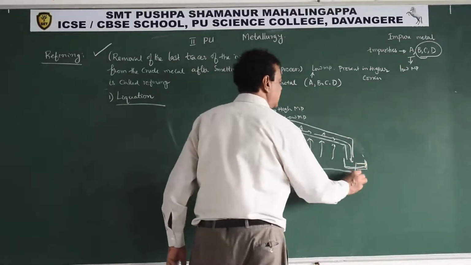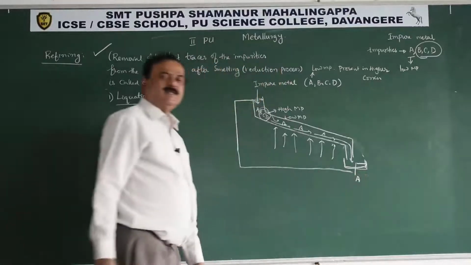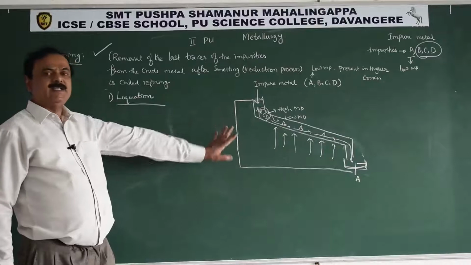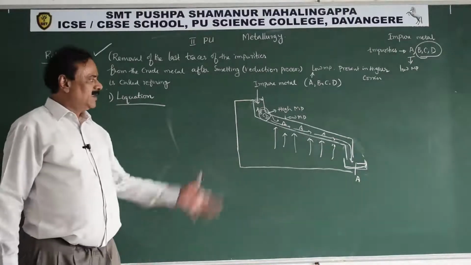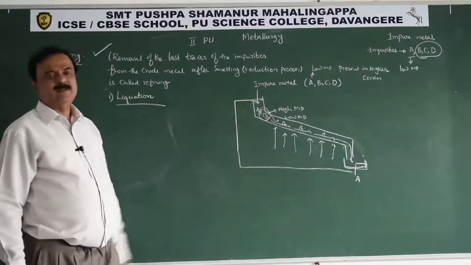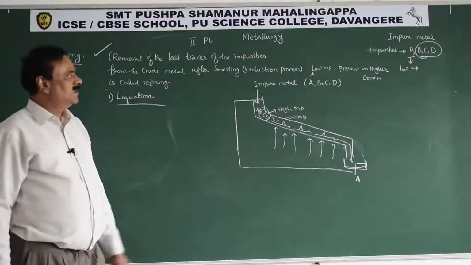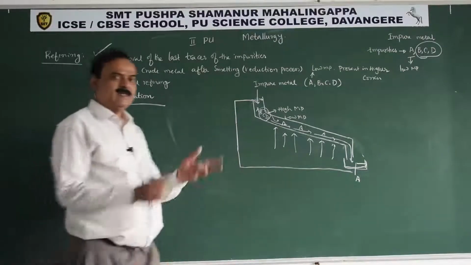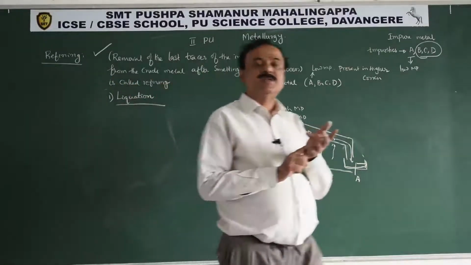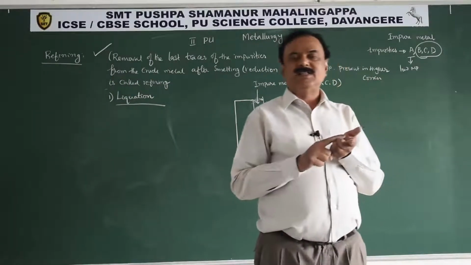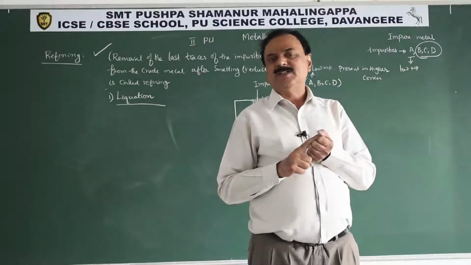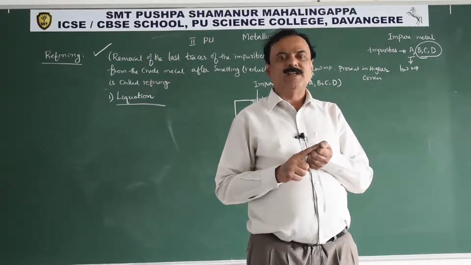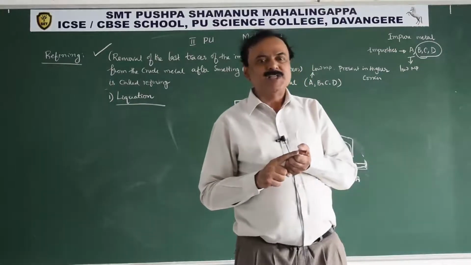Therefore A is collected here, and B, C and D are the impurities left behind in the furnace. By this method, low melting point metals like bismuth, cadmium, zinc and tin can be purified using the liquation procedure.